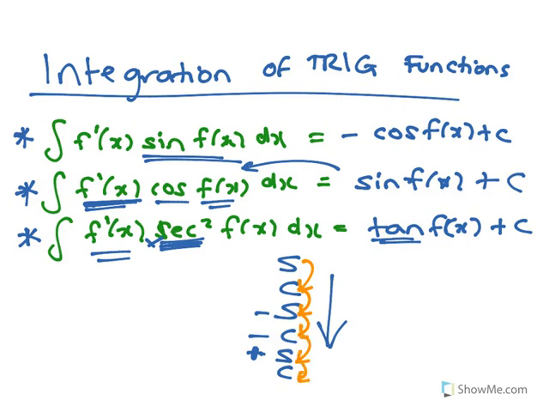But if you went backwards, cos integrates to sine, sine to minus cos, minus cos to minus sine, minus sine to cos, and cos back up to sine. So I just remember when you differentiate, s to c, I think of school, when that's positive, but when you're going backwards, cos will go back to sine.